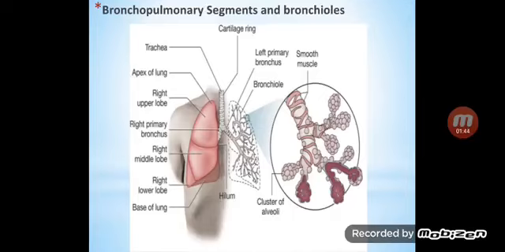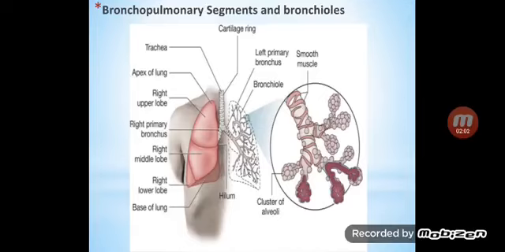And on the left side, there are only superior and inferior lobar bronchi. So these bronchi are the secondary bronchi.